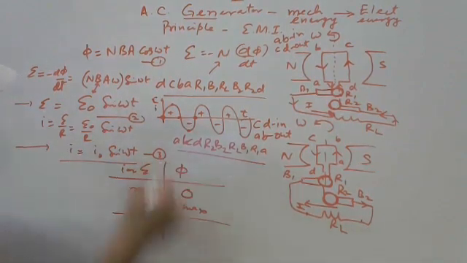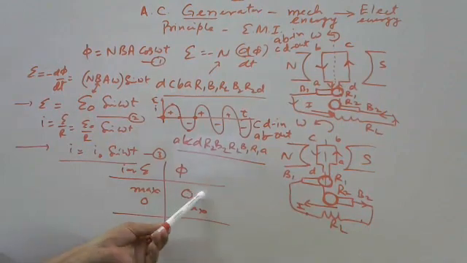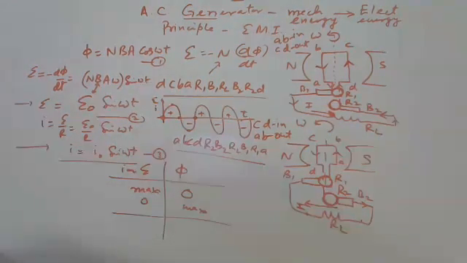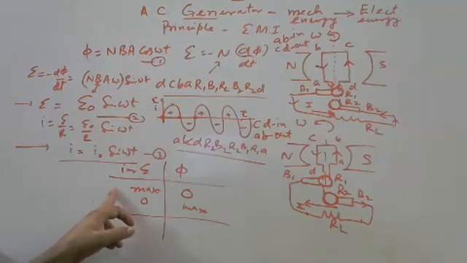Because of the cos and sin functions, if this is maximum, this is 0, and if this is 0, this is maximum. So the phase difference is 90 degrees between the flux and the voltage or current. Got it?